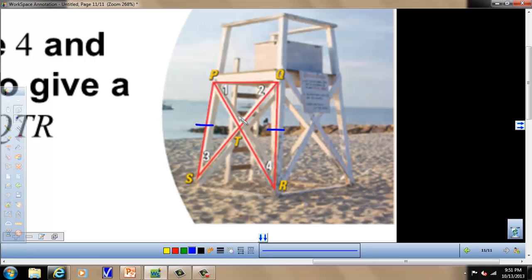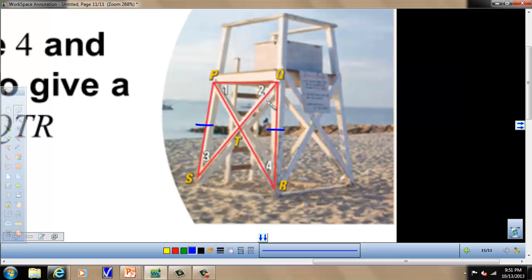We know that QS and PR are congruent because of CPCTC, and we proved that these were congruent because these two angles were congruent.